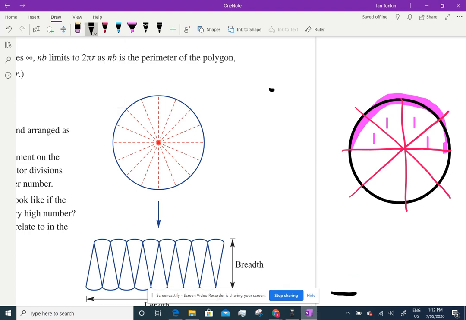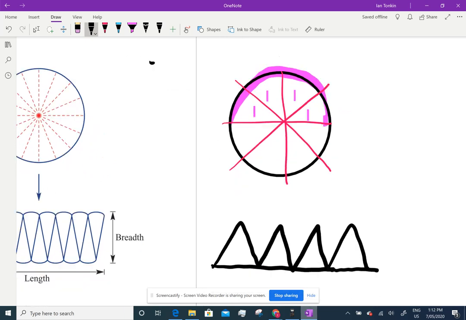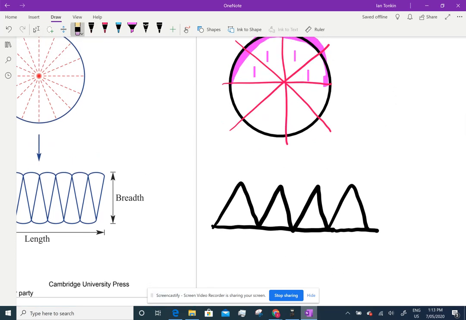I've cut it up, and I've got these 1, 2, 3, 4. I haven't got that little bit there.